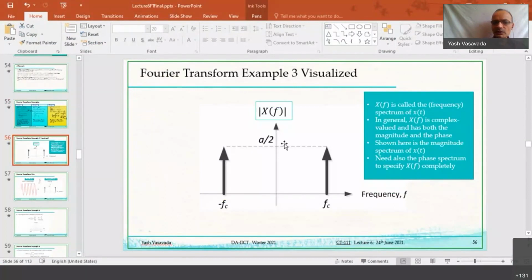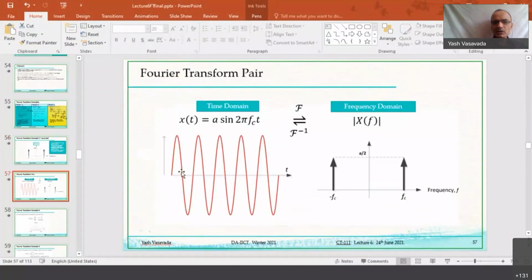So what we did was we took a time domain signal, which was the sinusoidal signal. If I take Fourier transform, its magnitude becomes two spikes. If I take inverse Fourier transform of these two spikes, I get the sinusoid back.